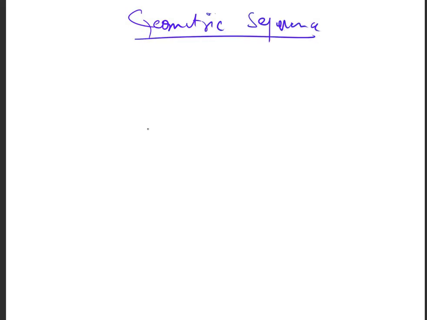Let's understand now what a geometric sequence is. Now, a geometric sequence, number one, is a sequence. I'll give you an example. Let's write a sequence: 2, 4, 8, 16. Let's quickly analyze what's happening in this sequence.